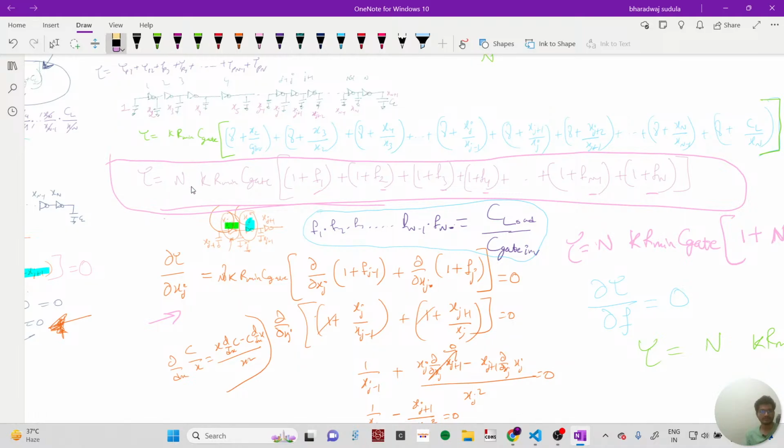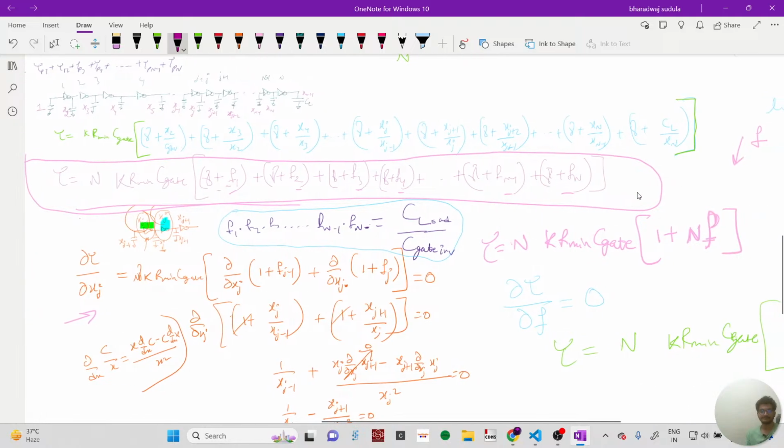Everything is divided by gamma, or you can just put that inside.